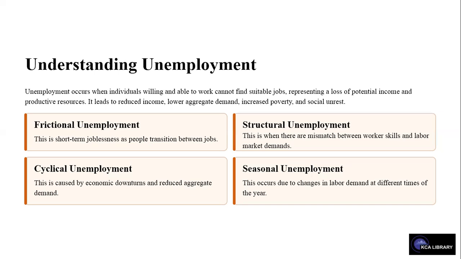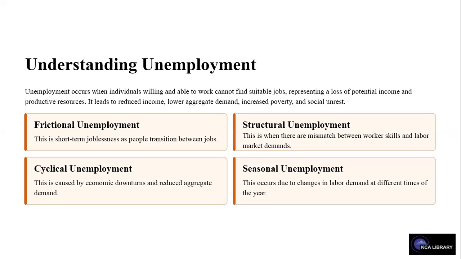Also, we have structural unemployment. This is when there is a mismatch between worker skills and labor market demand. We have cyclical unemployment, which is caused by economic downturns and reduced aggregate demand.